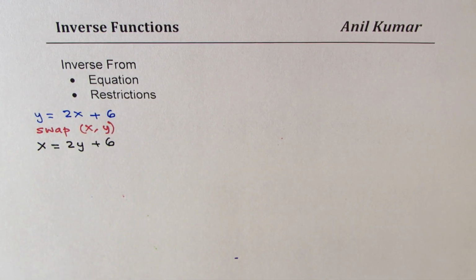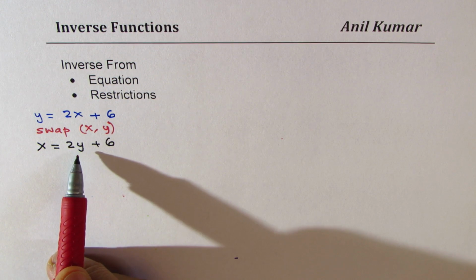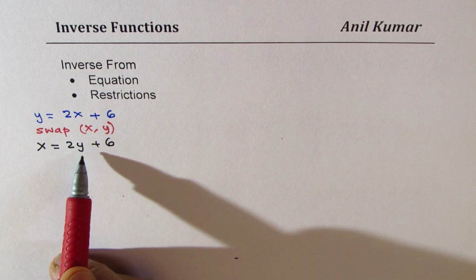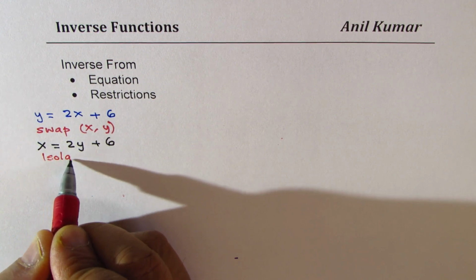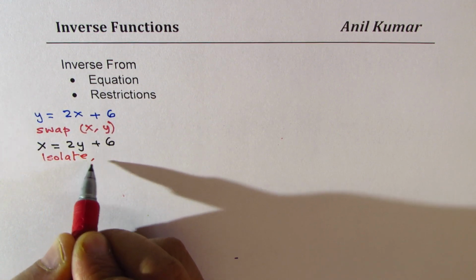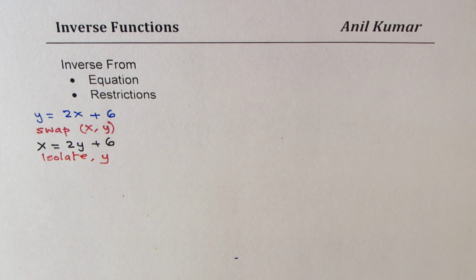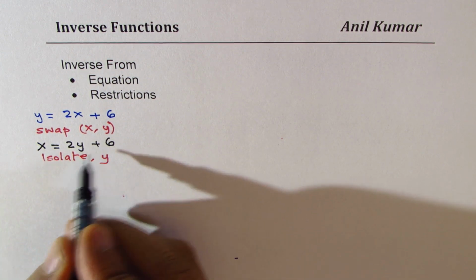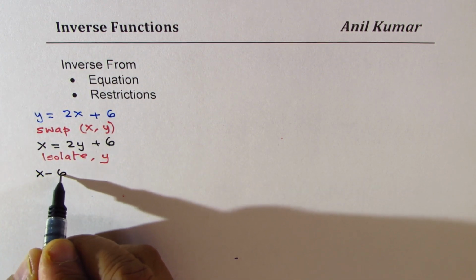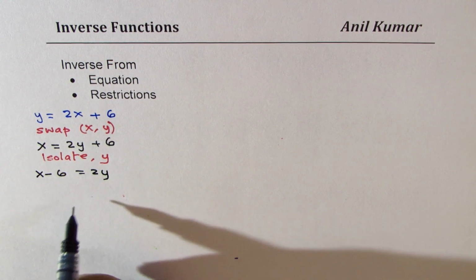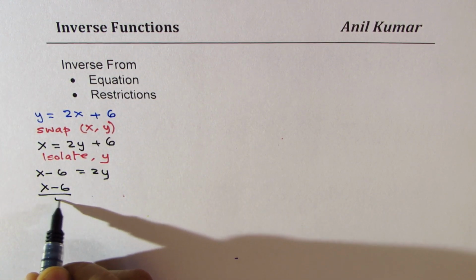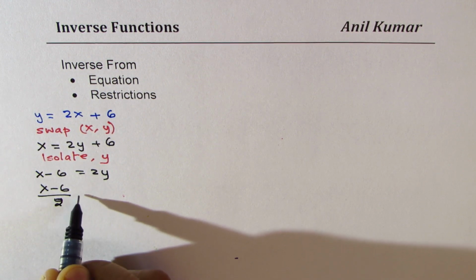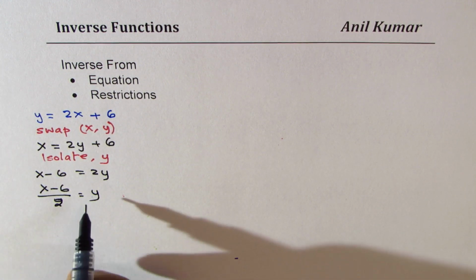And then we need to find what this y is, and that will be treated as the inverse of the function. So we could do it by isolating y, right? So the next step is isolate y. So we'll take away 6, becomes x minus 6 equals 2y, and dividing by 2, we get what y is.